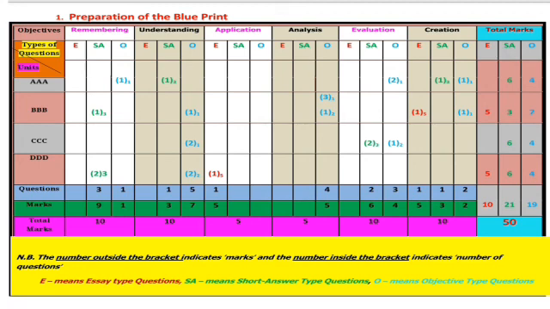And once you are comfortable enough to prepare the blueprint, you will see how systematically and how diligently your question paper is being prepared. So try doing it. It is very important for a teacher, for every teacher in fact.